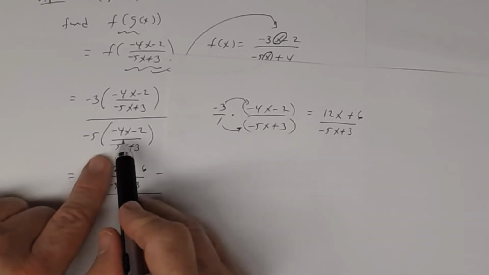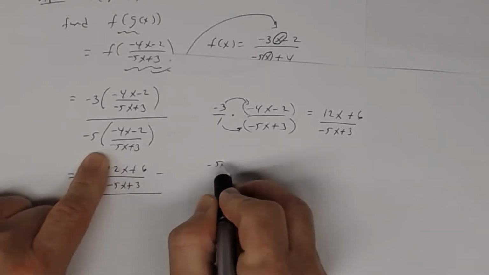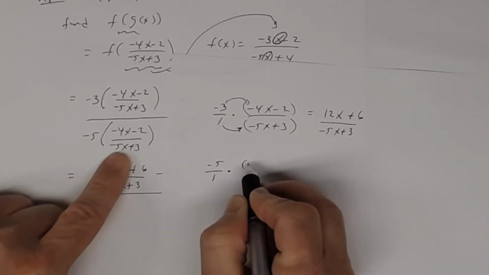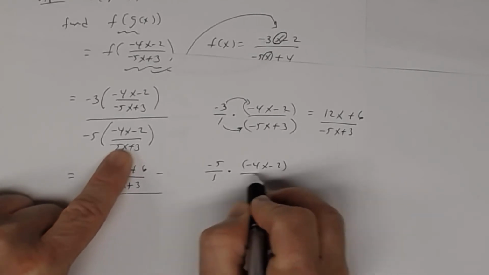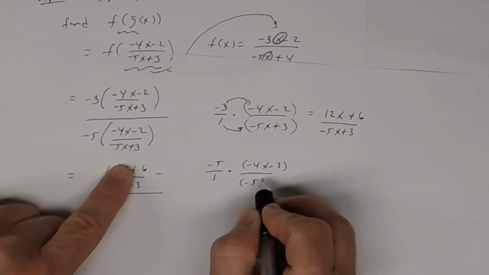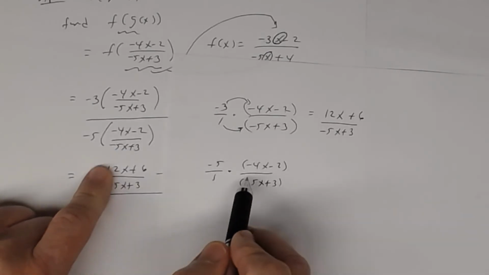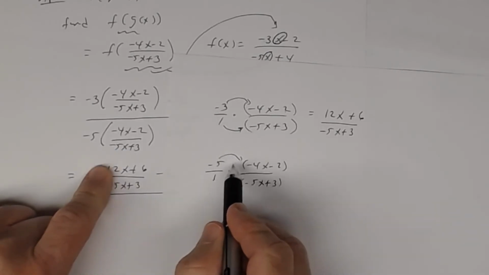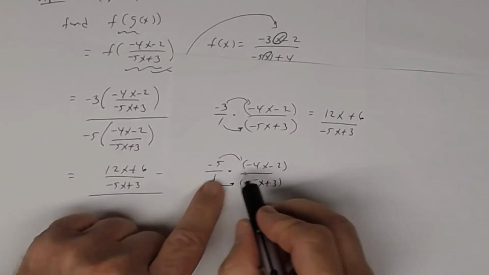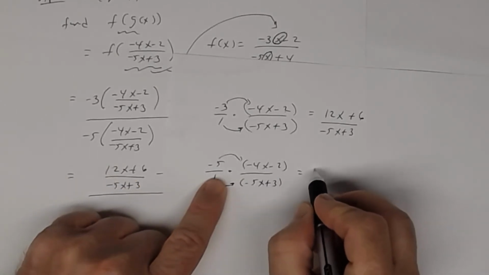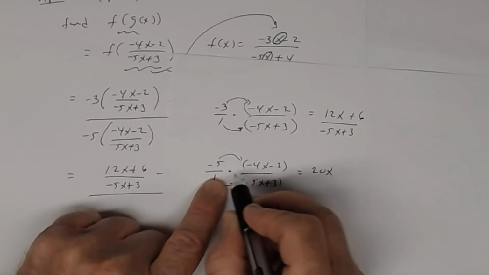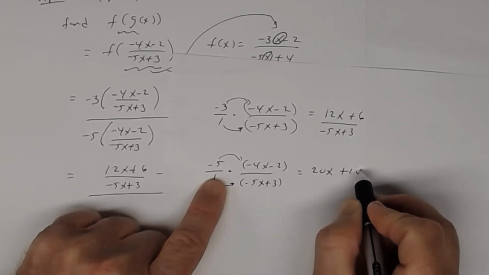This right here is negative 5 divided by 1 times negative 4x minus 2 divided by negative 5x plus 3, just like that. So this right here is the same thing as this. Distributing, I get negative 5 times negative 4x is 20x, and then negative 5 times a negative 2 is a positive 10.